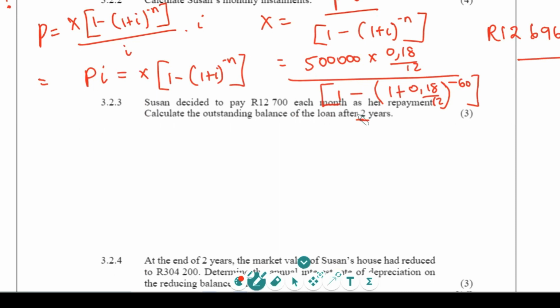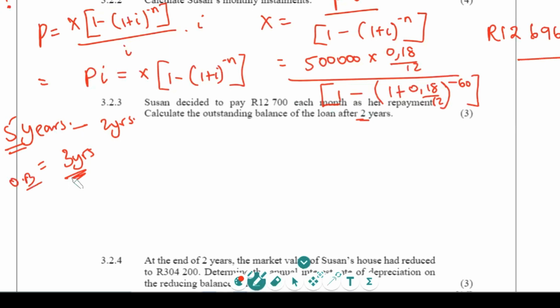So number one, I can get, remember it's 5 years. That's 5 years that we need, but after 2 years, so 5 minus 2, which means 3 years will be the outstanding period.